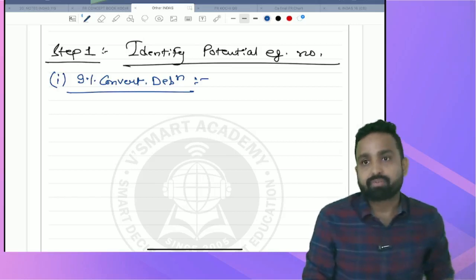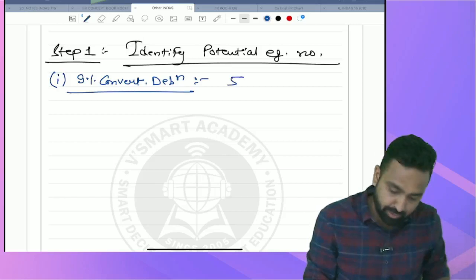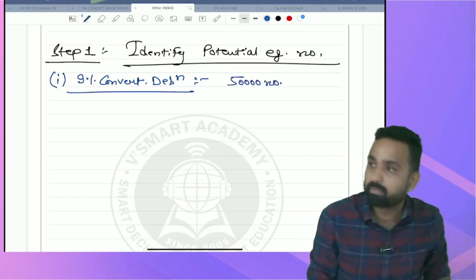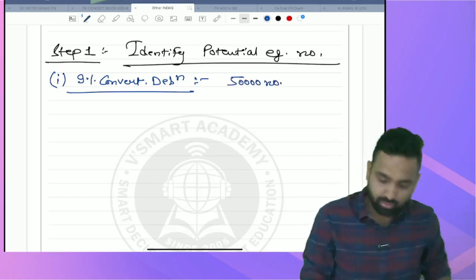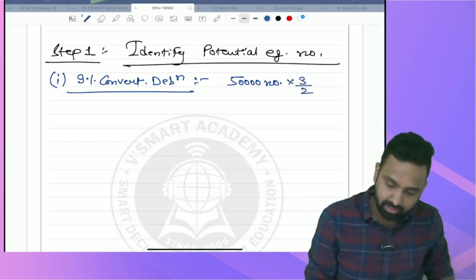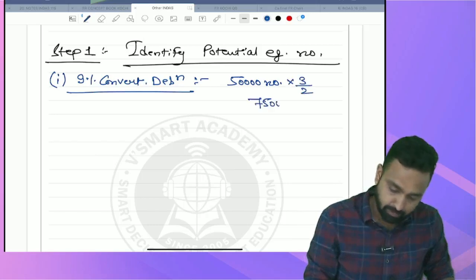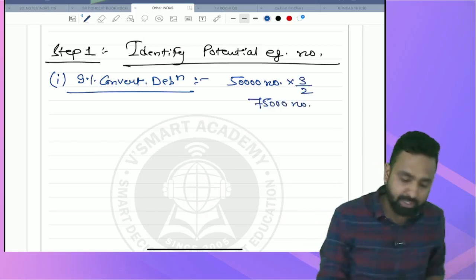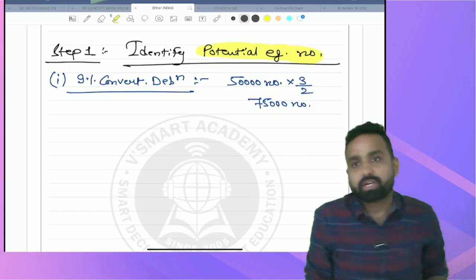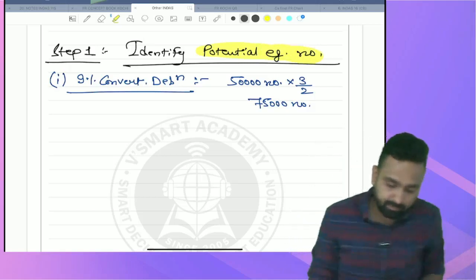Outstanding 50 lakhs, so 50 lakh divided by 100 is 50,000. Multiply by the ratio 3 by 2, that is 75,000 potential equity.